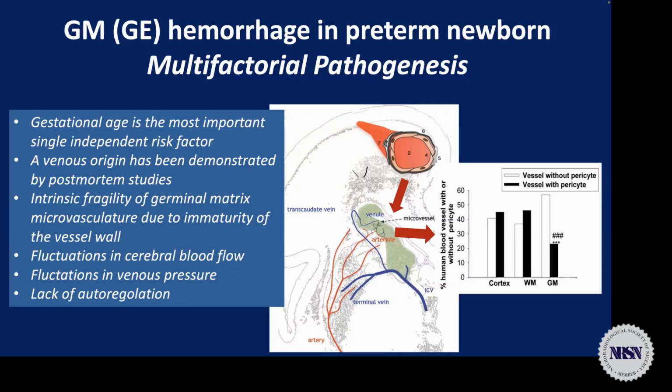So any fluctuation in cerebral blood flow or venous pressure can lead to hemorrhage within the germinal matrix.